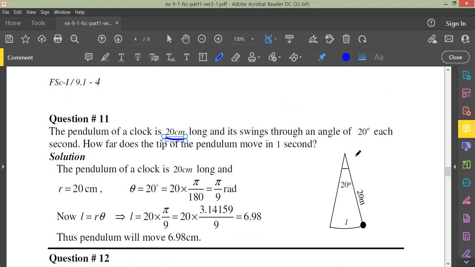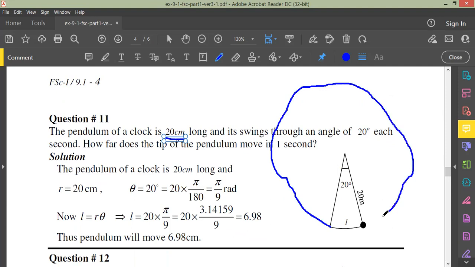If we complete this figure, this will be equal to a circle. This will be the center. So this length will be equal to the radius. So our value of r, the pendulum of the clock is 20 centimeters long, and it swings through an angle of 20 degrees.